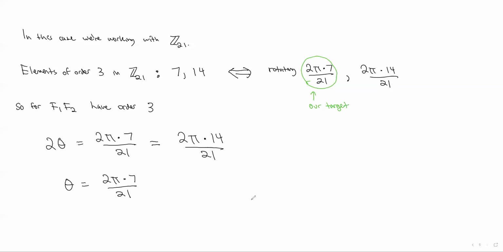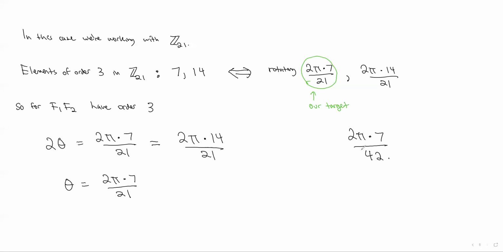See, even in this step, I regret even talking about angles because this is much clearer in Z21, right? Why didn't I just divide 2 pi times 7 over 21 by 2? Then I would get 2 pi times 7 over 42. But that's not actually a possible angle that 2 lines can have in the dihedral group.